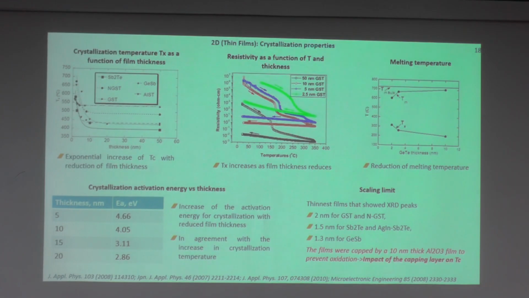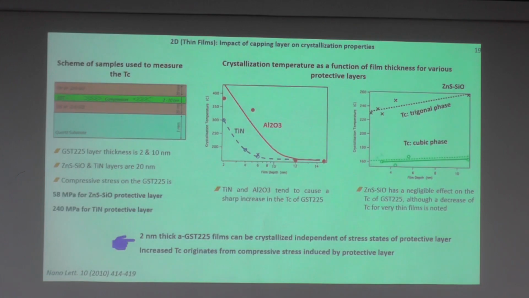So it's good, but let us look at how this capping layer affects the properties of a nanoscale thin film, like GST between 2 and 10 nanometers. So here, if you deposit some capping layer of titanium nitride or another typical capping layer, zinc sulfide, silicon oxide.